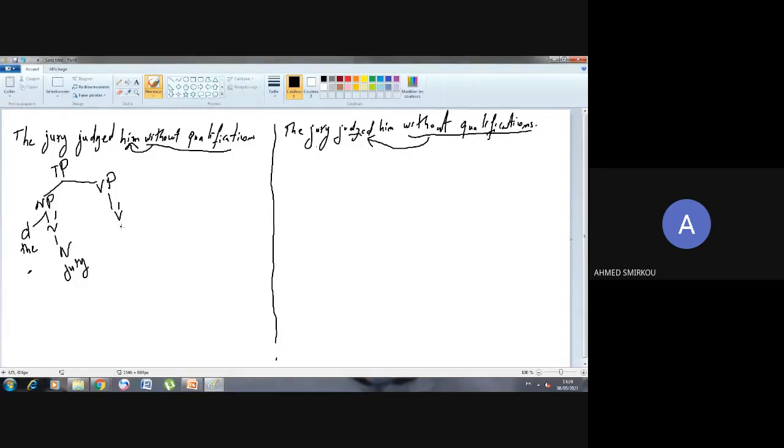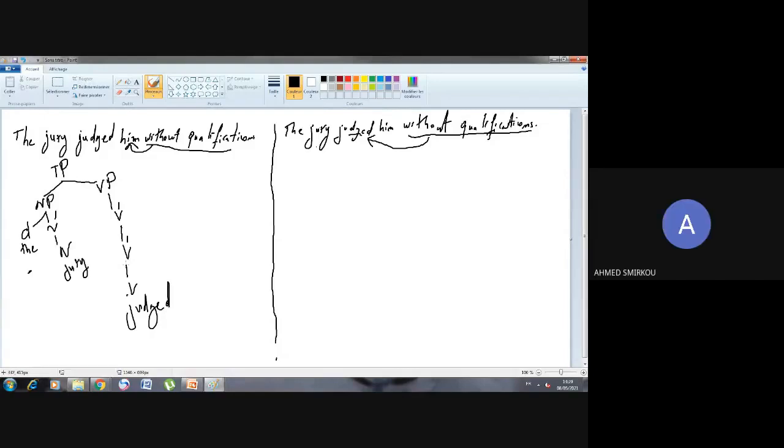So this is for the object. Here we have the verb judged.